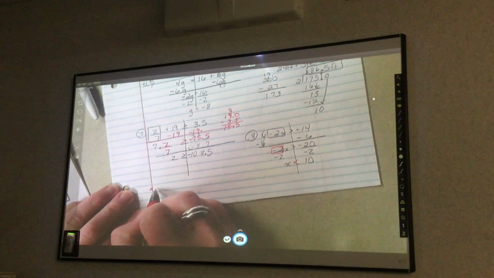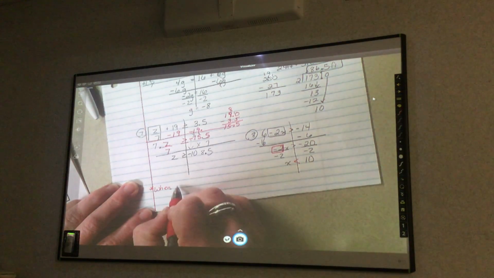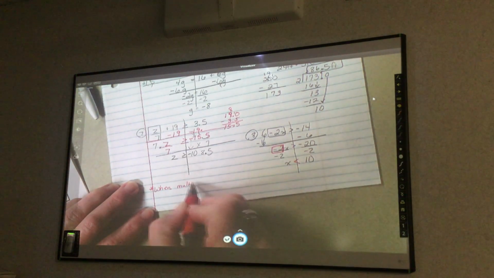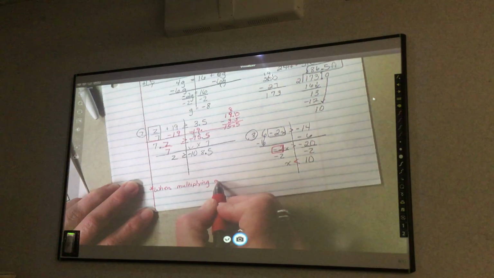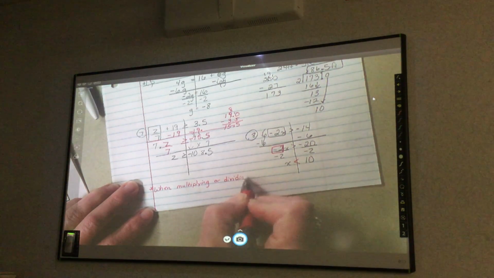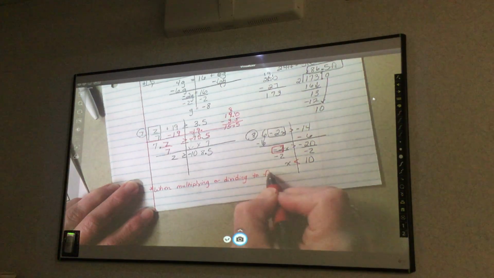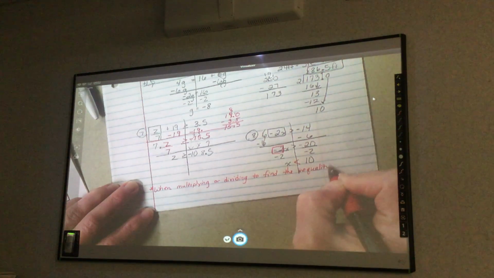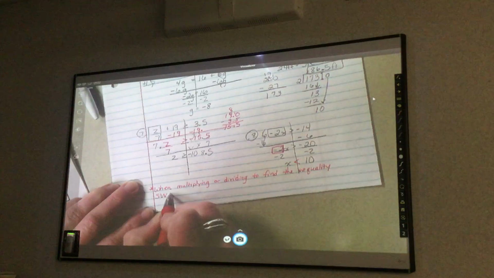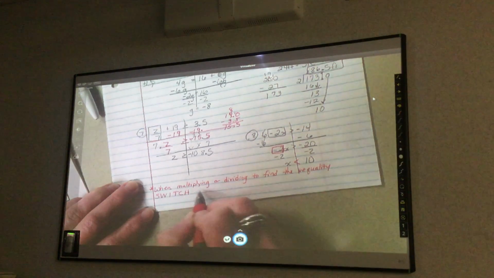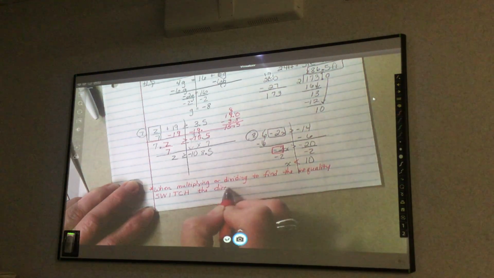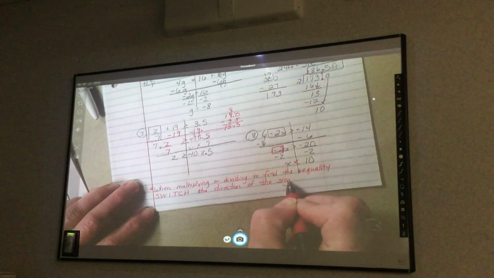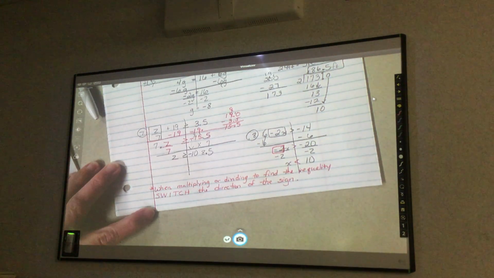And my note is going to say, when, and it's always at the end, when multiplying or dividing to find the inequality, and I'm doing this in capital letters, SWITCH the direction of the sign. So it's all the same as when you're doing it with an equal sign.